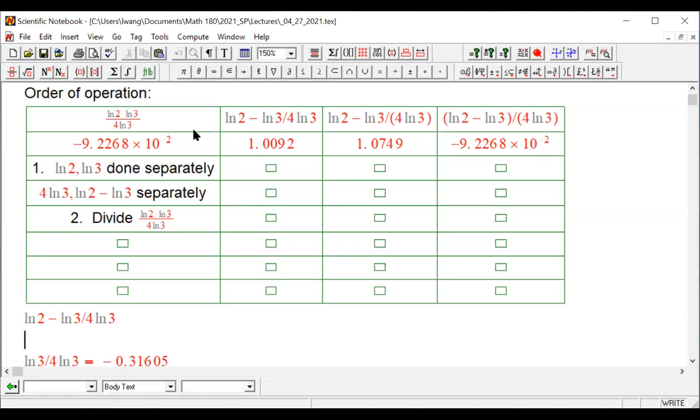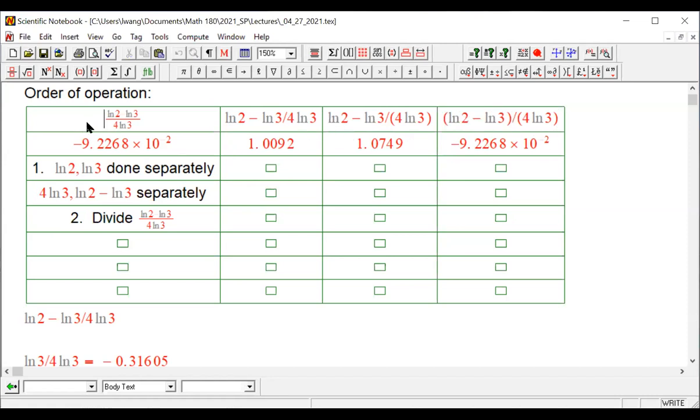So what we need to do is insert parentheses here. But if I insert parentheses without also inserting them here, it's also going to cause problems, right?